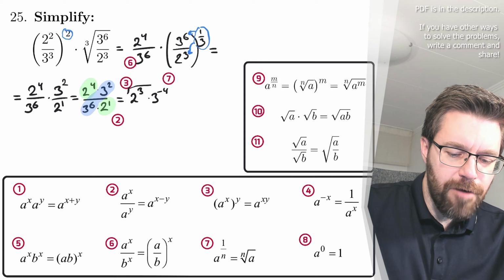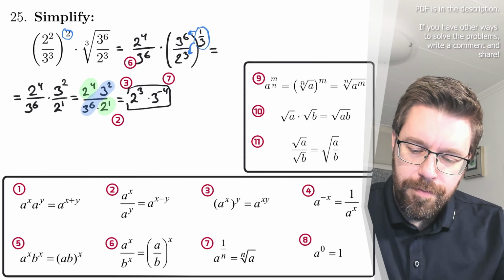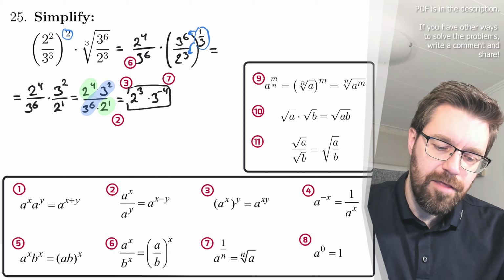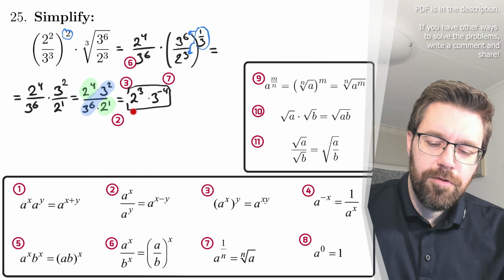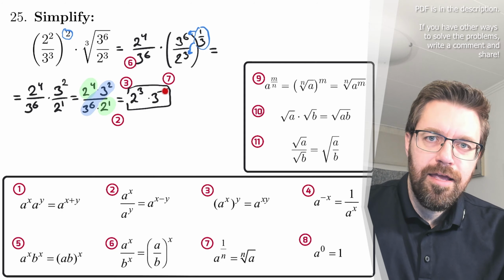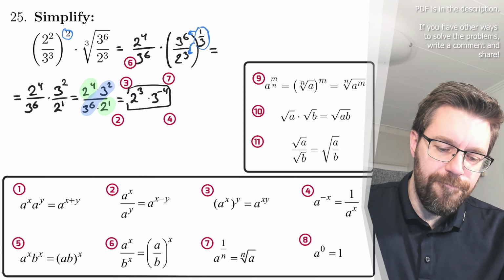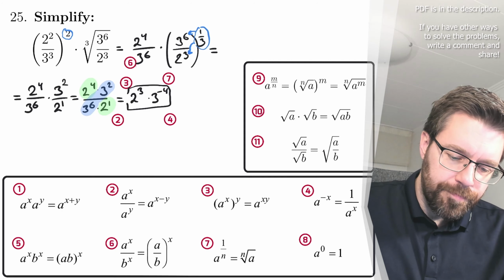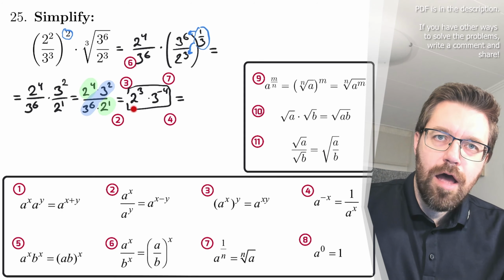So you can write it like this, but I prefer to move this power here with the negative exponent into the denominator instead, and change the sign in the exponent. And this I can do with rule number 4. And then I take this power and put it down here.